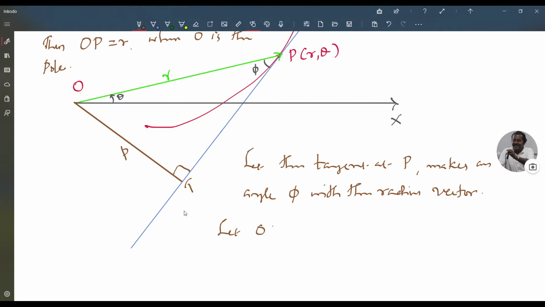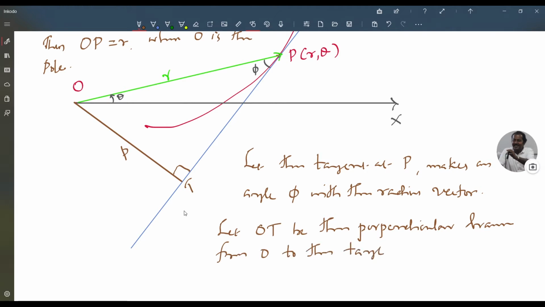Let OT be the perpendicular drawn from O to the tangent at P. We have to find OT. Let OT equal to little p.